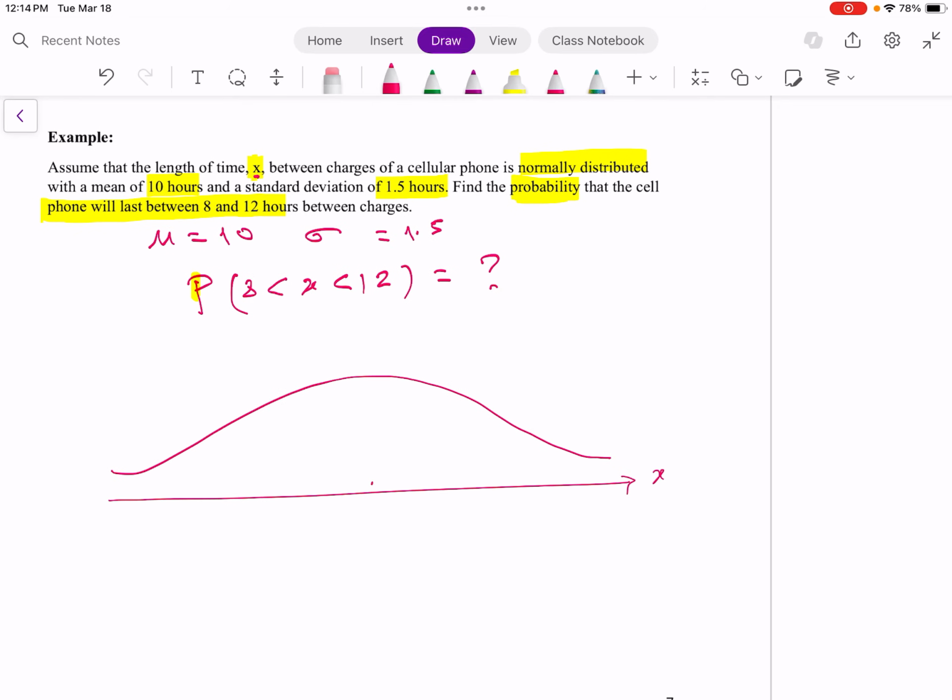Now at the center we have the mean. What is the mean? Is it 0? No, right? Our x is not a standard normal variable. So for our x, the mean is given as 10. Standard deviation is given as 1.5.